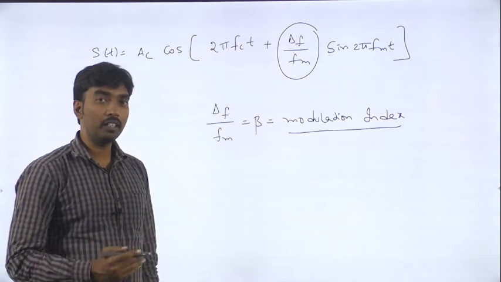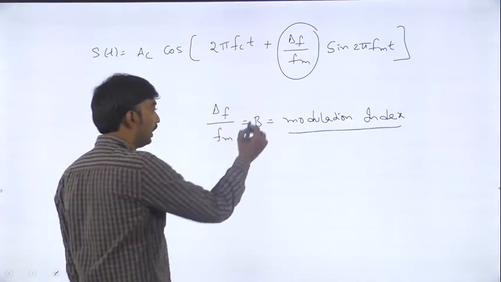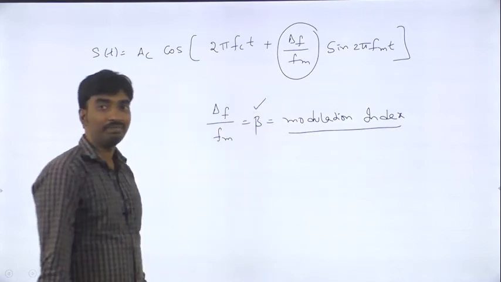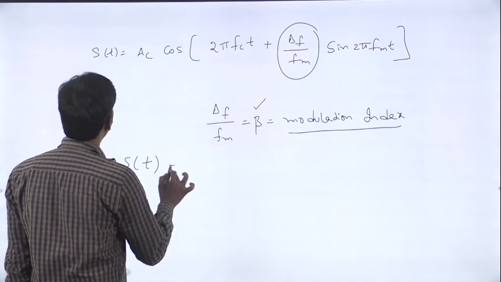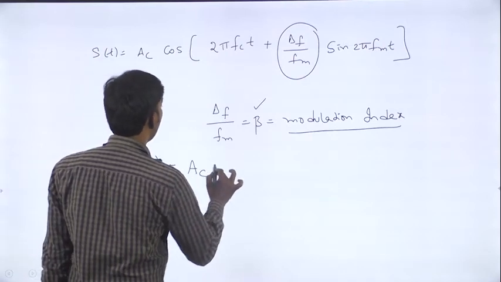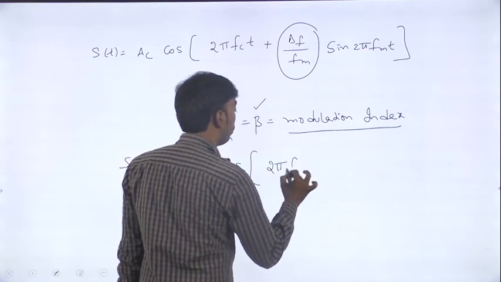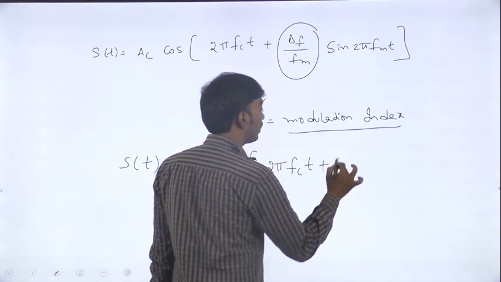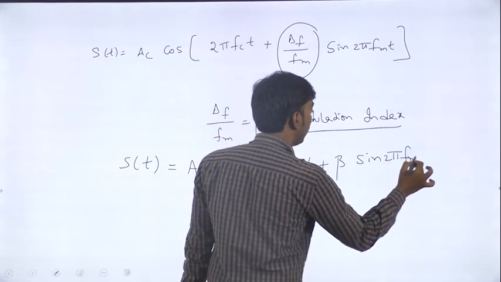One is narrow band frequency modulation, another is wide band frequency modulation. That is all depending on the beta value. Fine. And now the finalized expression for single tone modulation S of t is equal to AC cos of 2 pi fct plus beta sin 2 pi fmt.